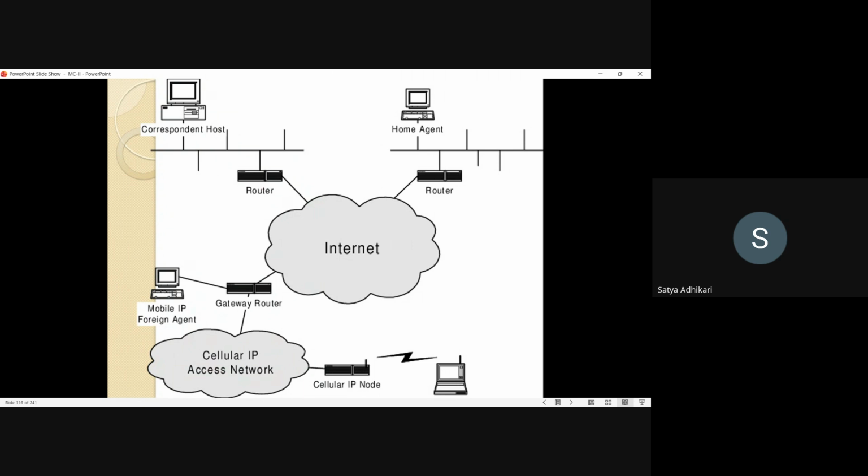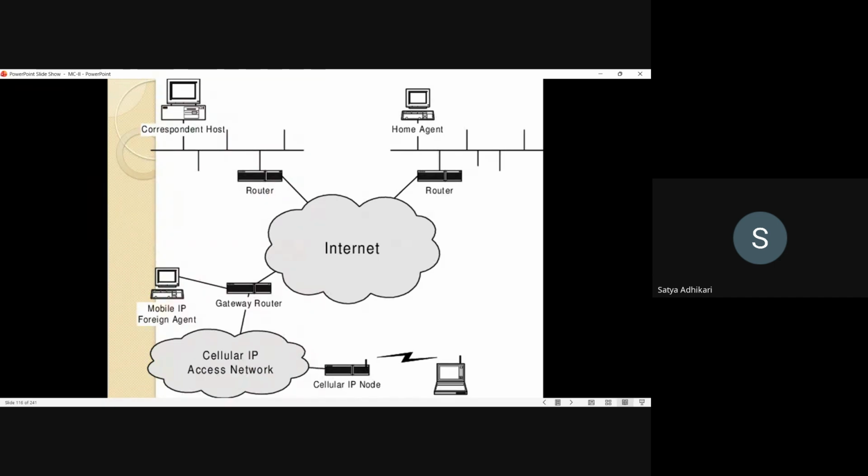You see the corresponding host who is sending data to the mobile node.